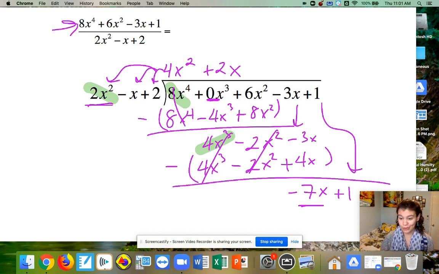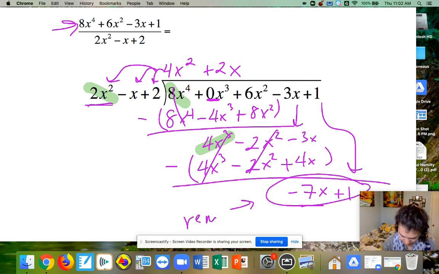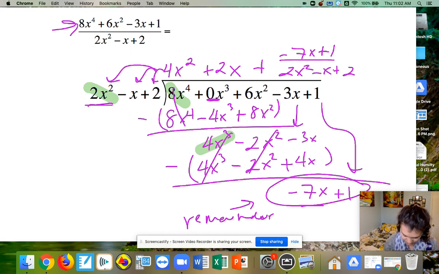Nope, because we're 1 degree less than what we were dividing by. We're at an x now instead of an x squared. You can't make an x squared look like an x without dividing. So this is our remainder. So you get plus negative 7x plus 1 over 2x squared minus x plus 2.